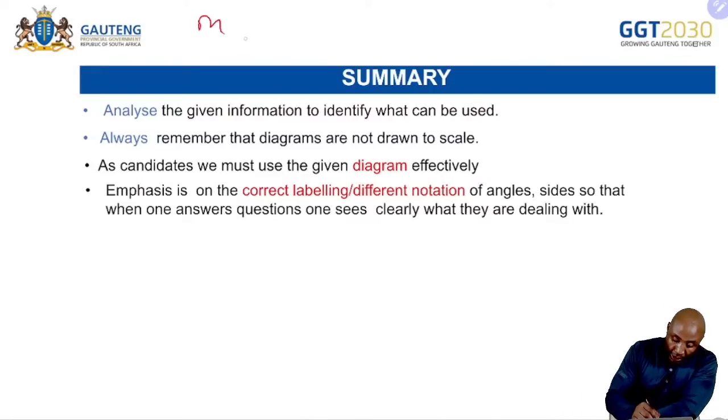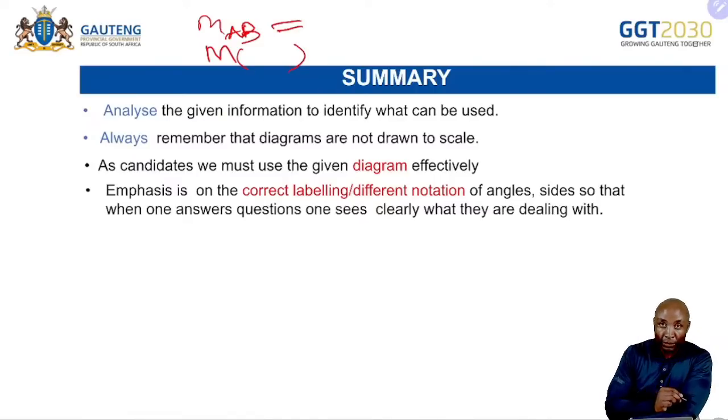Gradient, we use gradient of AB. That's the notation we use in maths. If it is the midpoint, we use capital letters and we have brackets like that. If our angle is theta, theta equals. In Euclidean geometry, calculate the size of angle B1, B1 equals.